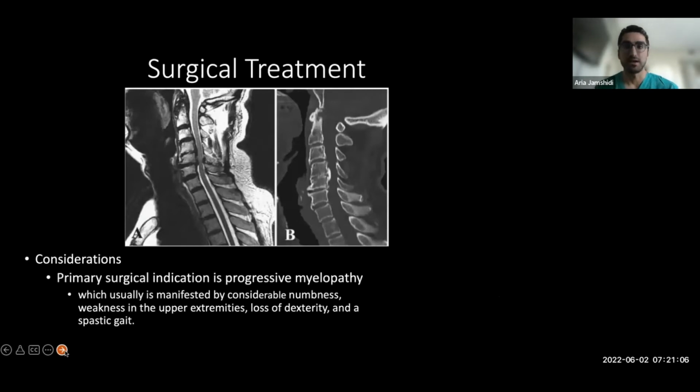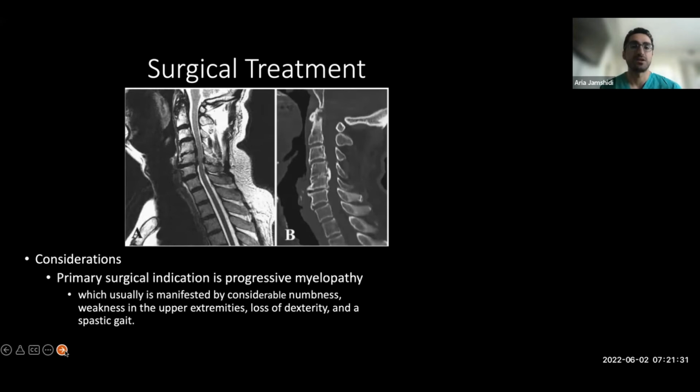So now finally, surgical treatment, something that I found to be the most interesting and that I want to delve into right now. In terms of considerations, the primary surgical indication is progressive myelopathy, obviously. This is typically manifested, for the juniors, by considerable numbness and weakness in the upper and lower extremities.